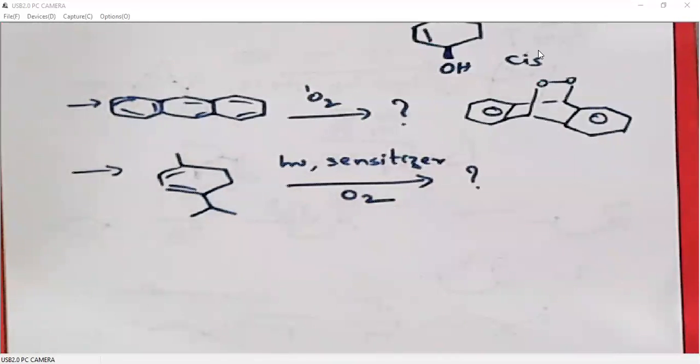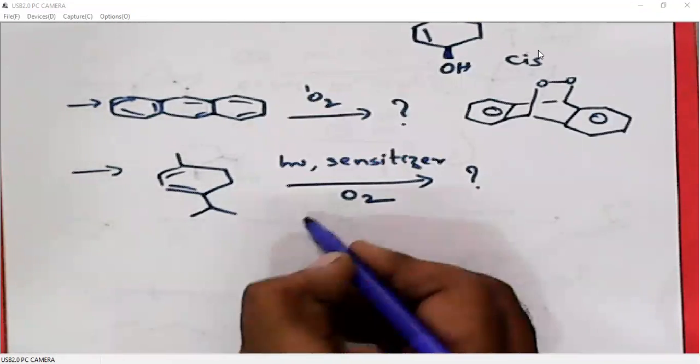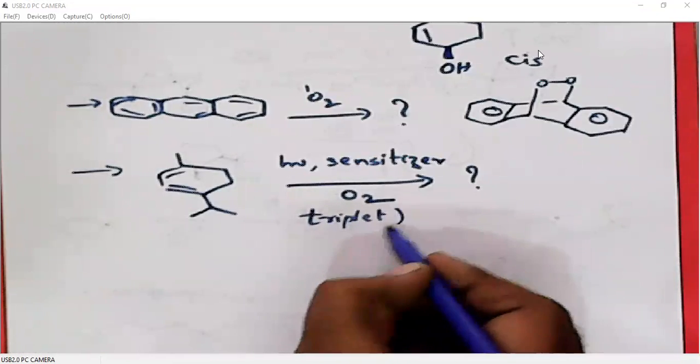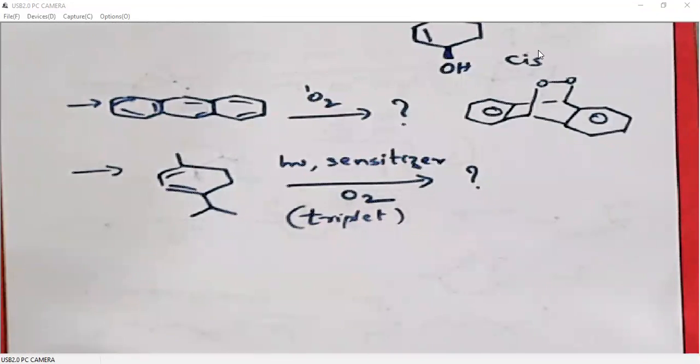Without a sensitizer, we will get the singlet excited state. But when we use a sensitizer, we will get a triplet excited state, right? So to generate the triplet excited state, we use a sensitizer in photochemical reactions.